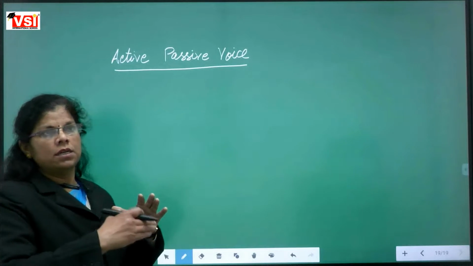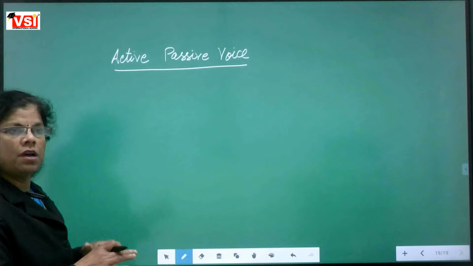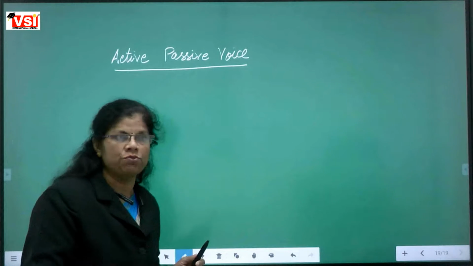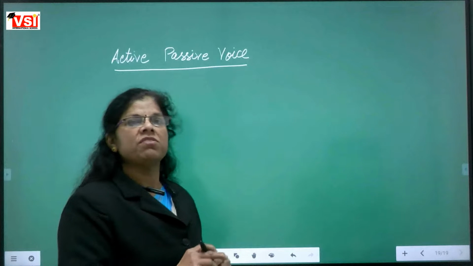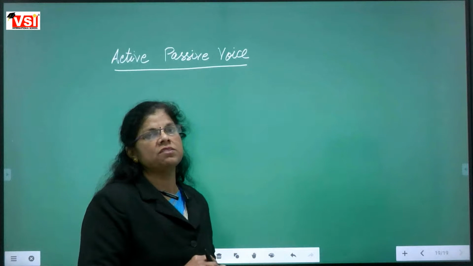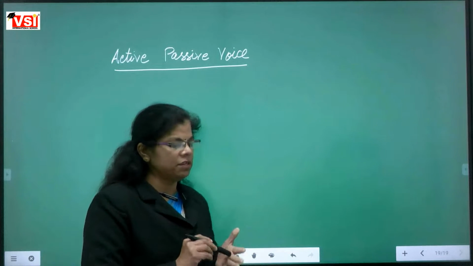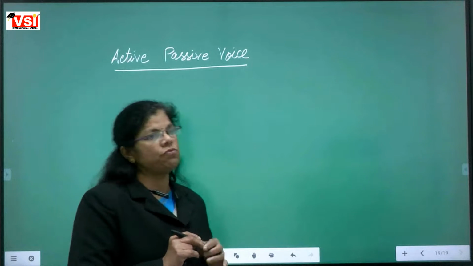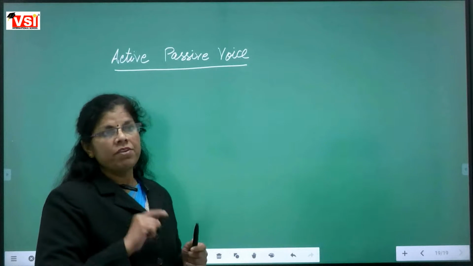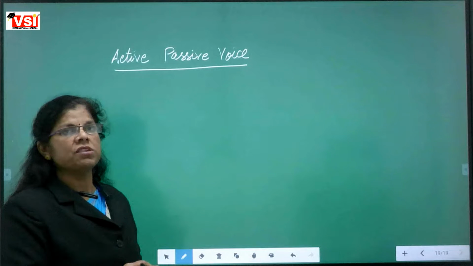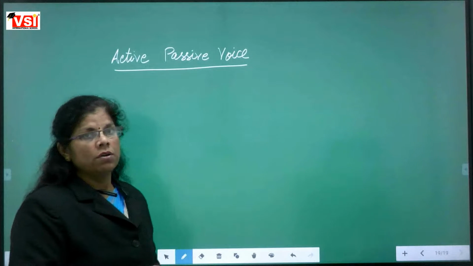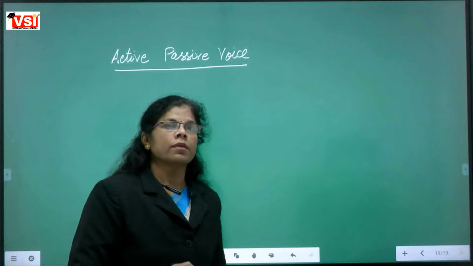in that area we have discussed simple present, past and future. Am I right? Simple present active sentences, simple past active sentences and simple future active sentences we have already discussed. Have we discussed present continuous and past continuous also or not? No, ma'am. Okay.